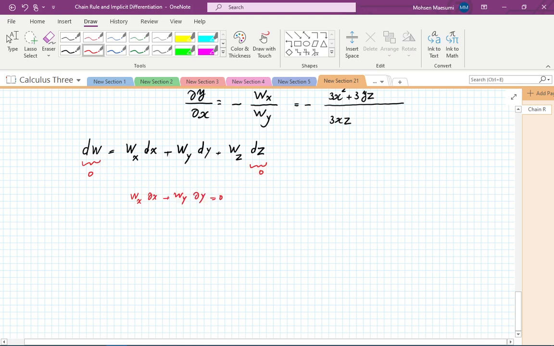So these two are both gone. And partial of y with respect to x becomes, so you take this thing to the other side, that's where the negative comes in, and then you have w with respect to x and w with respect to y, and you get your answer.